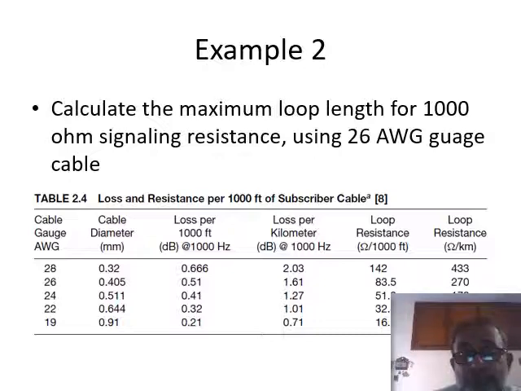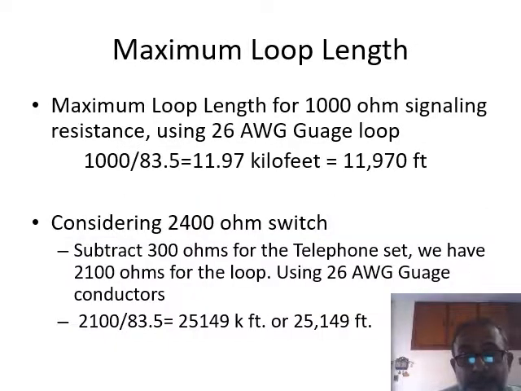We have to go to the 19 American wire gauge. Just think about it and find out why I said this. This is a point to ponder, and this would be a part of your evaluation.